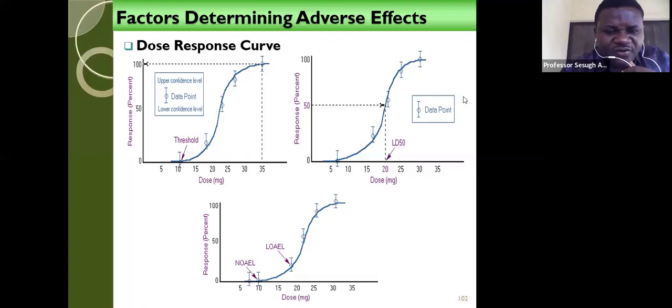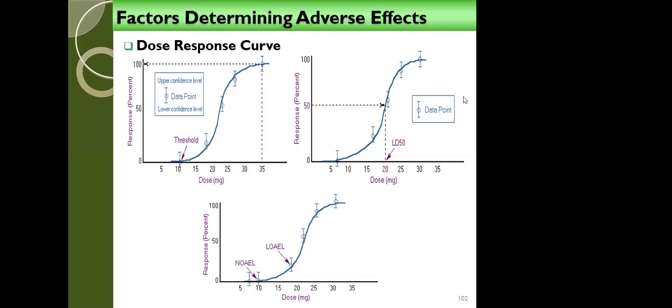Now, look at the first one. The first information you are going to get from this dose response curve is a threshold. Look, the threshold is at what dosage? At about 10 dosage. Can you see that? Are you following me? Sir, we are following, sir. Okay.